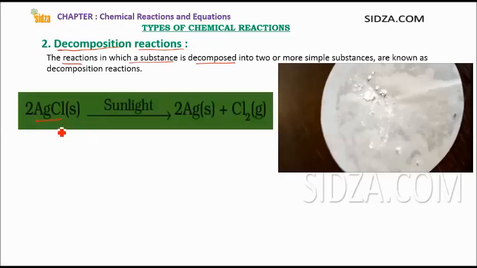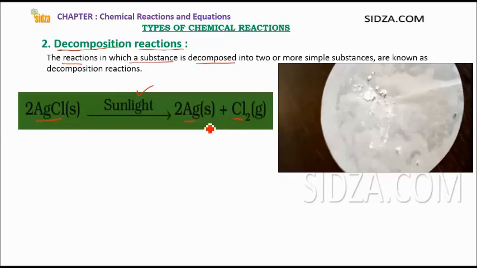Silver chloride is a white color compound, and once you expose it to sunlight, it forms silver and chlorine. Here one substance, silver chloride, breaks down into two new substances, silver and chlorine, in the presence of sunlight. So this is a decomposition reaction.